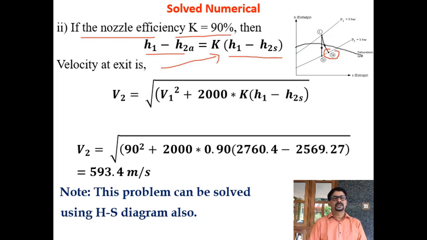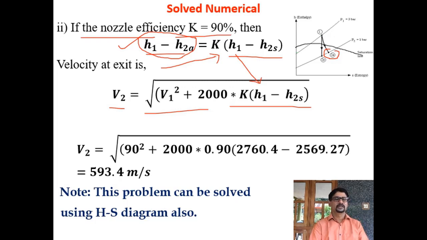So here the velocity at the exit, V2, is equal to square root of V1 square plus 2000 into H1 minus H2A. You can calculate H1 minus H2A separately, or you can substitute for H1 minus H2A as K into H1 minus H2S.